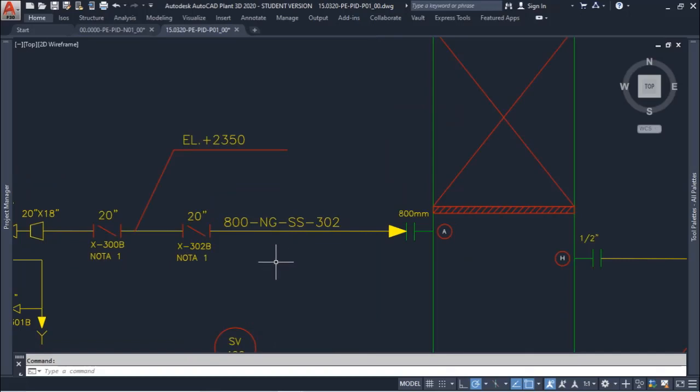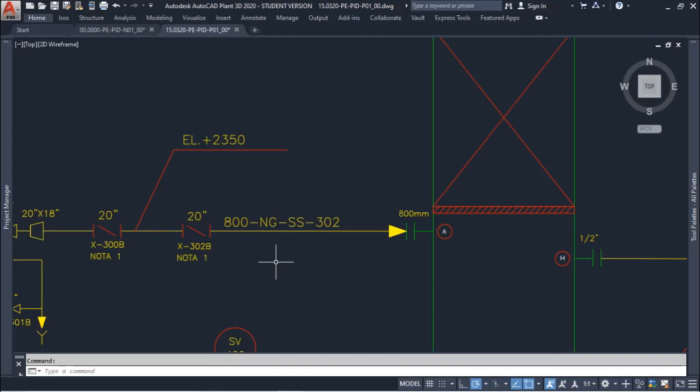And why is it important to read the line numbering? The first thing is that you can identify the fluid that is going through your process. So in this case we have natural gas. If I'm building my process simulation based on an existing plant, sometimes we don't have a process flow diagram and we need to build one based on the field information.